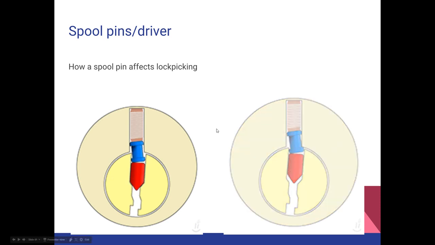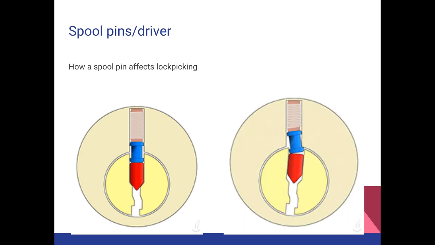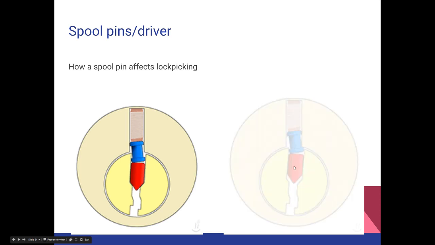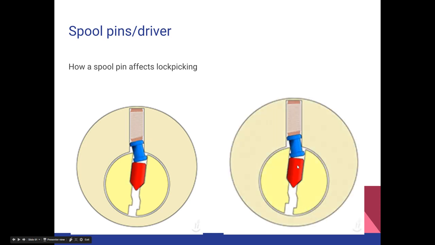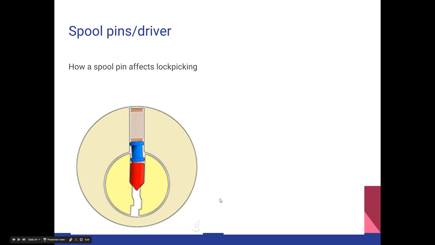And it's going to allow them to twist it more than a normal driver would, which is going to really throw them off. And so it shows basically if you twist it all the way and then push it up, it's going to fool you. And it's going to stop you. This requires a lot of finesse to pick, and I'm not going to teach it in this lecture.